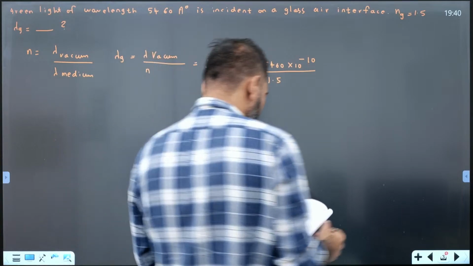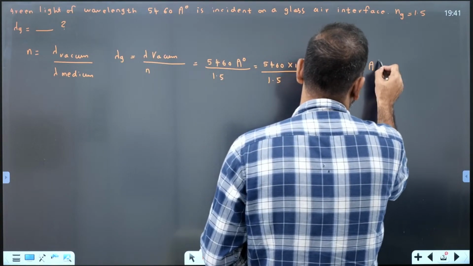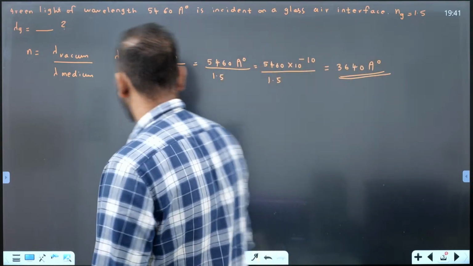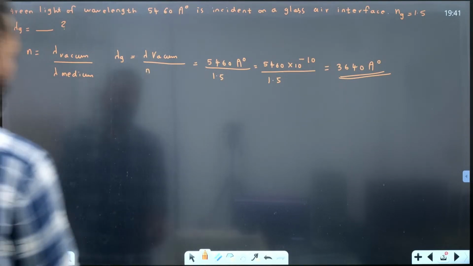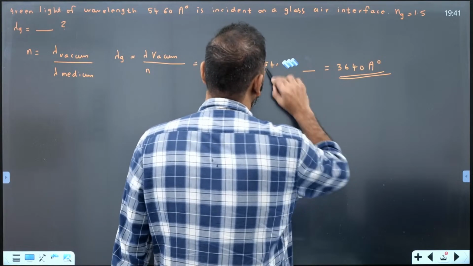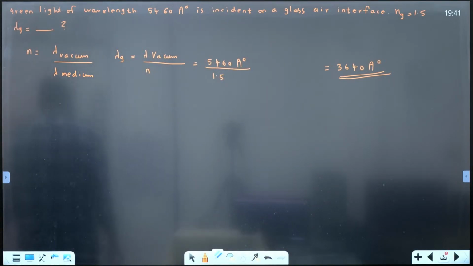If you solve that, you will get the answer 3640 angstrom. Options are in angstrom unit, so you don't need to do the unit conversion. So the answer is 3640 angstrom. Any doubt?